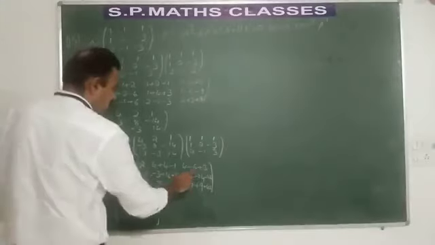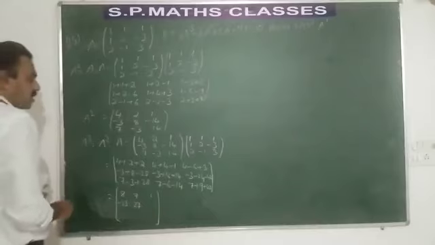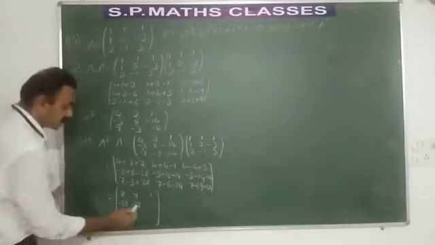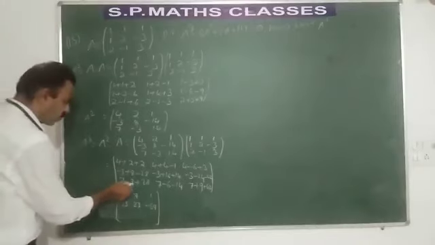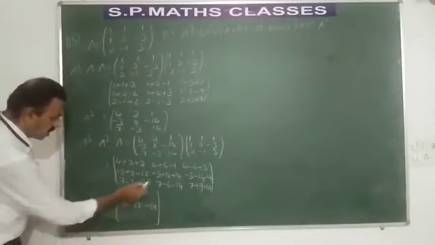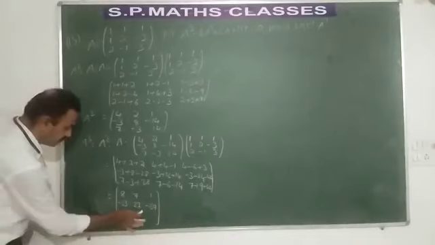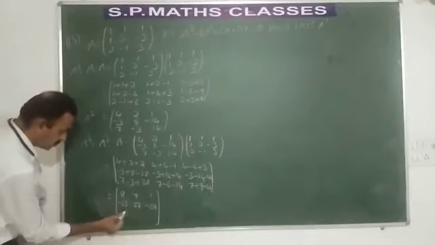Next, minus 3 minus 24, minus 27. Minus 27 minus 42, it's minus 69. 7 minus 3, 4. 28 plus 4 will be 32.